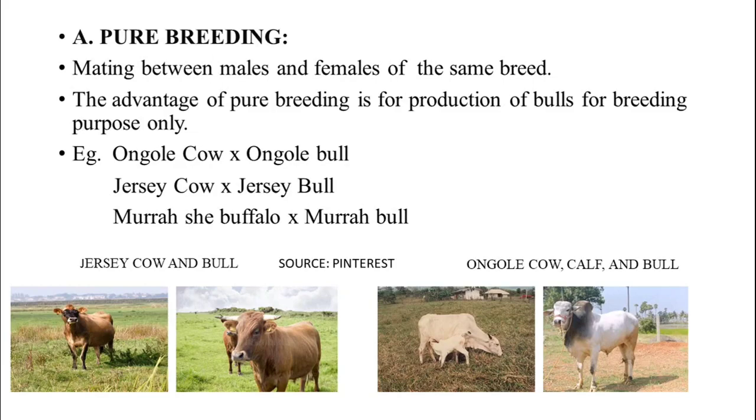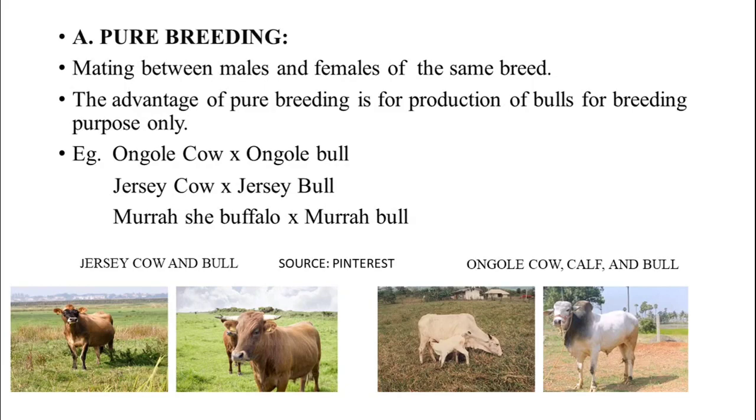The mating here takes place between males and females of the same breed. Actually, this pure breeding is used for the purpose of production of bulls. This is the process of bull production.